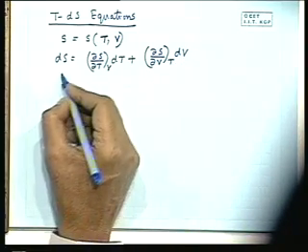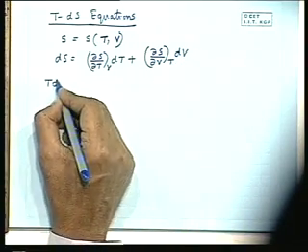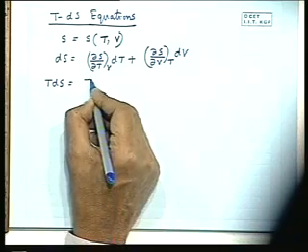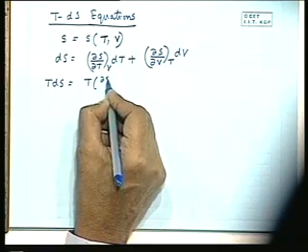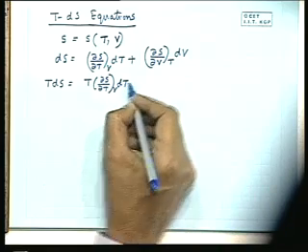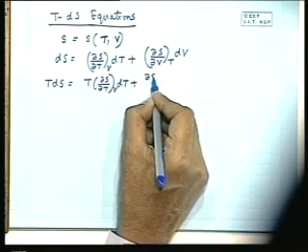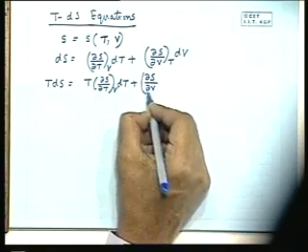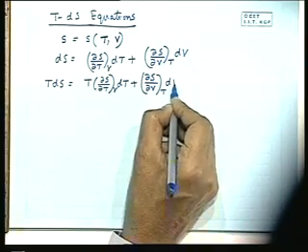And if I now multiply both sides by T, then I get T del S del T at constant V dT plus T del S del V at constant T dV.